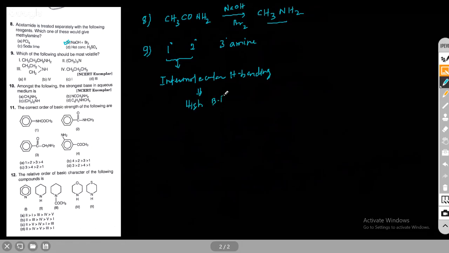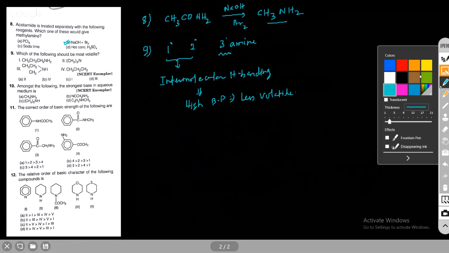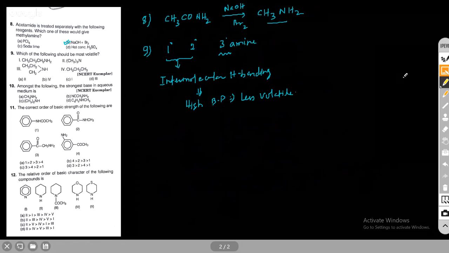High boiling point, and hence less volatile in comparison to tertiary amine, right? With comparable molecular masses. There should not be much difference in the molecular masses of these molecules. So 1 degree and 2 degree amines with comparable molecular masses are less volatile than 3 degree amine.